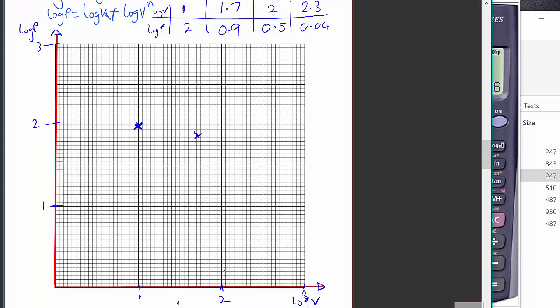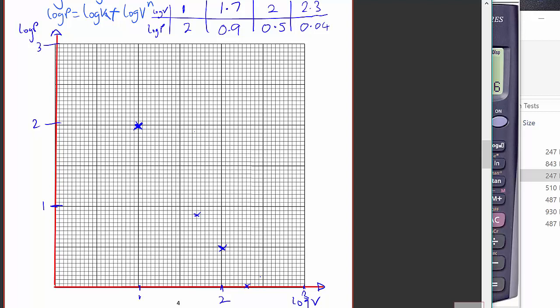Then we've got 2. Oh, that's 1.9, 0.9. 1.7, 0.9 is there. 2 and 0.5, that will be there. And 2.3 and just above 0, sort of about there.